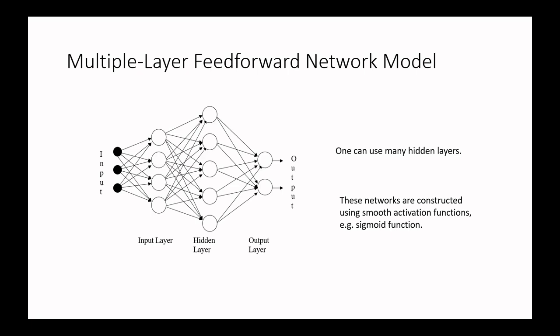A couple of things to note here. Number one, these networks will be using activation functions that are smooth functions. That is, these networks are not constructed using threshold nonlinearities. You will be using either sigmoidal or hypertangent. The reason is that you want to use some kind of error minimization approach from the output to the input side.